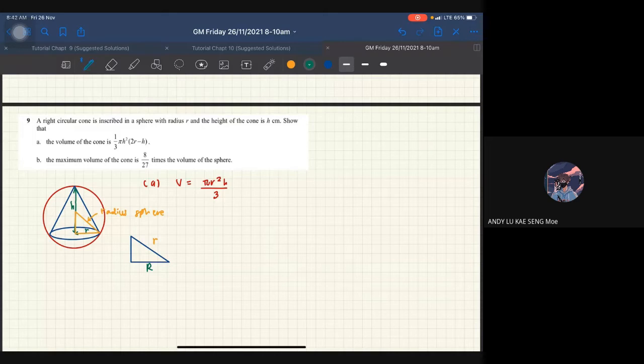Kenapa dia H minus R? Tahu tak kenapa dia H minus R? Sebab dia dekat sini. Okay, so ini adalah kita punya radius. Sampai sini, ini adalah R. So kita nak tahu yang ni, dia adalah H minus R. Okay, so sorry, dia sebenarnya memang pergi kat center.